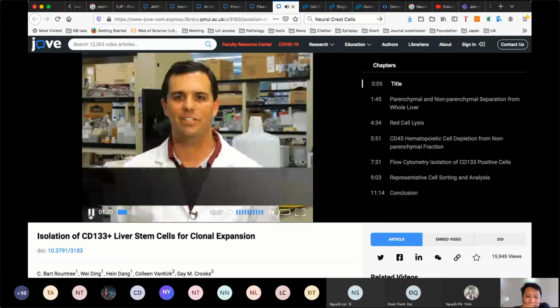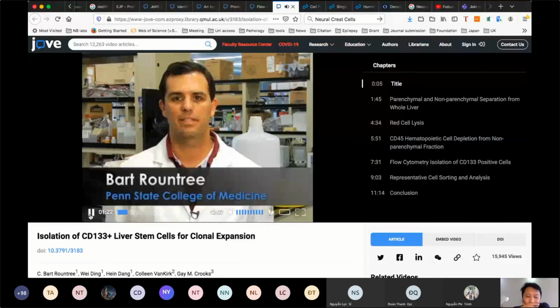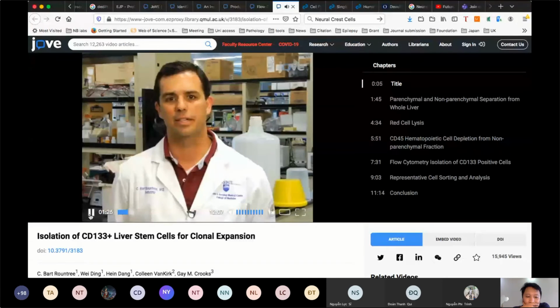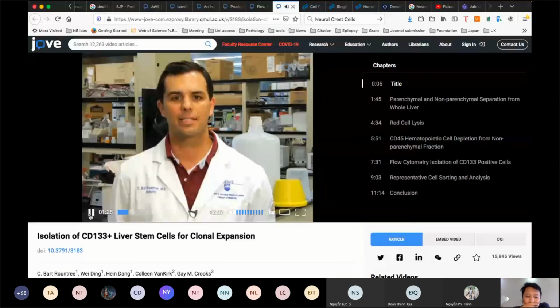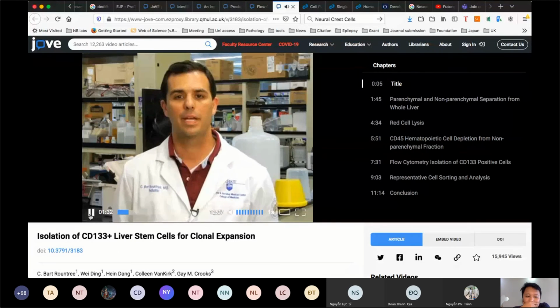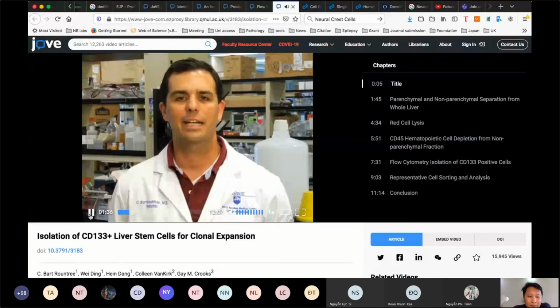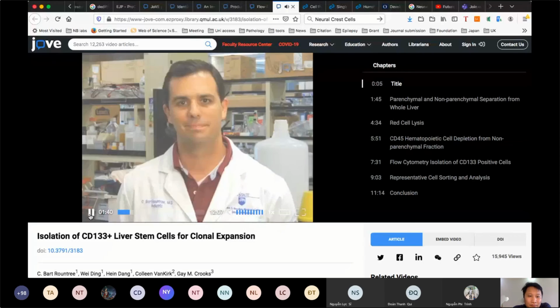The main advantage of this technique over existing methods, such as co-localization of markers using immunohistochemistry techniques, is that single cells can be isolated for clonal expansion and functional analysis to confirm stem and progenitor cell phenotypes. Demonstrating the technique will be myself and Hian Dang, a graduate student in my lab.